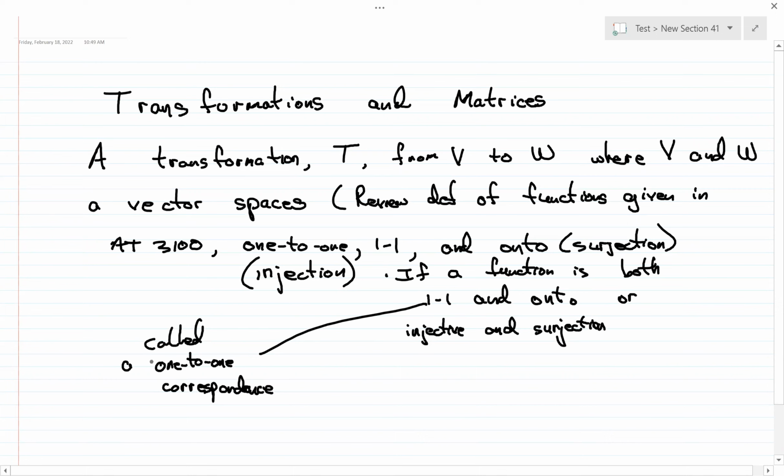This is slightly confusing, because if you're both one-to-one and onto, then the function is called a one-to-one correspondence. That's when the word correspondence appears. On the other hand, if a function is injective and surjective, then it's called a bijection.